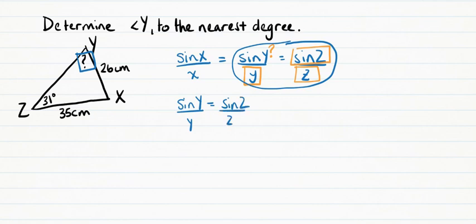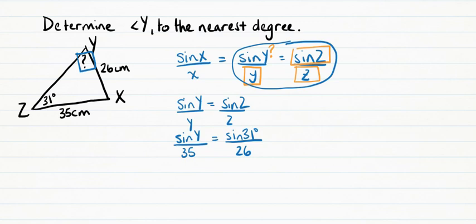So we fill in our known information. Sine y, angle y is our unknown, so we leave that as the variable y, over side y is 35, equals sine z, angle z is 31 degrees, over side length z, which is 26.